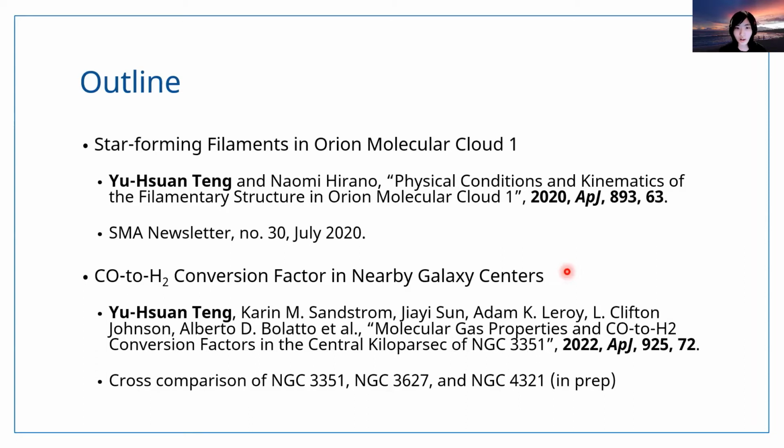Our results on NGC 3351 were recently published in ApJ, and we are currently extending our analysis to more galaxy centers for cross-comparison. We're trying to identify critical diagnostics for conversion factor variations.